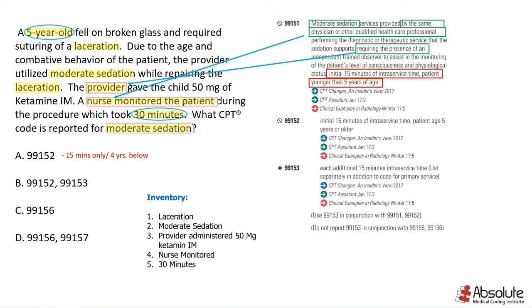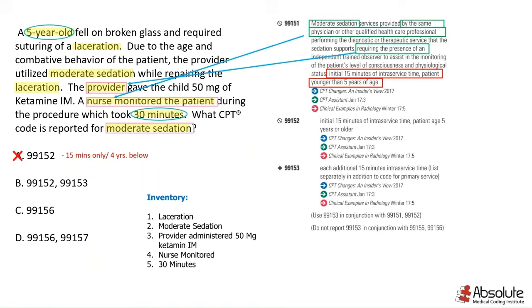In our scenario, 30 minutes of moderate conscious sedation is given. So we also have to give an additional add-on code in order to correctly match the time for which the moderate conscious sedation is given.